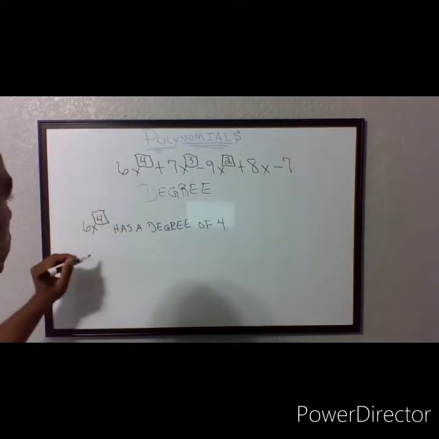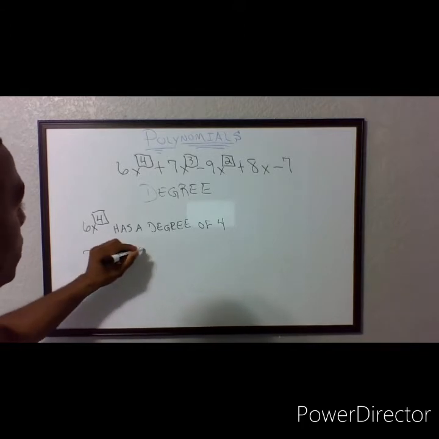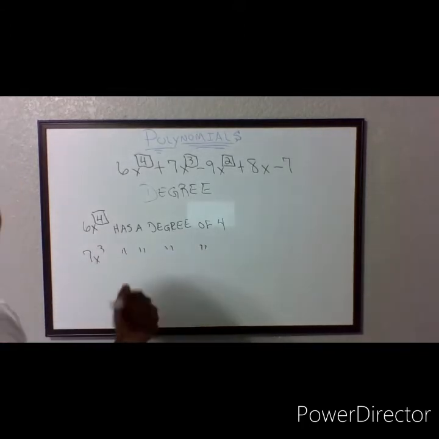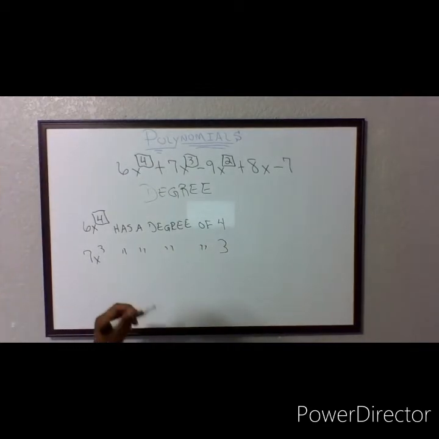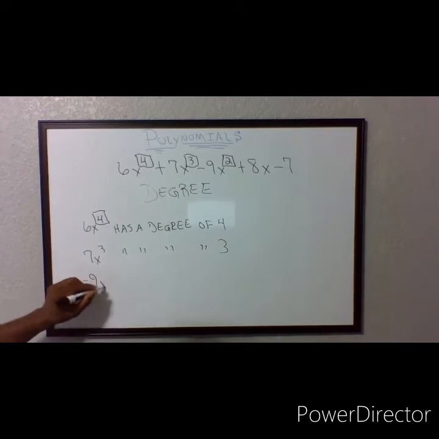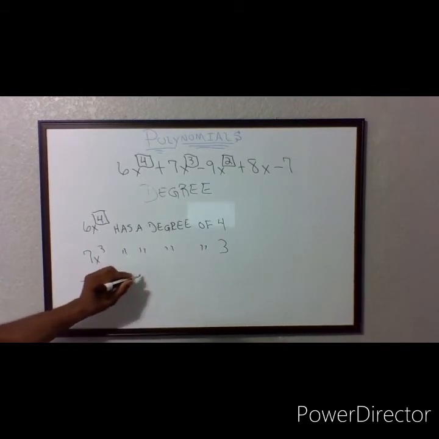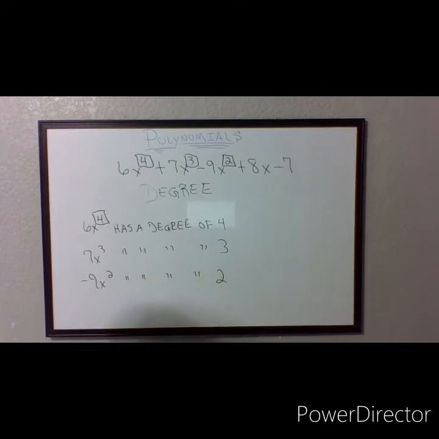Looking at 7x cubed, it has a degree of 3, correct. And negative 9x squared has a degree of 2.